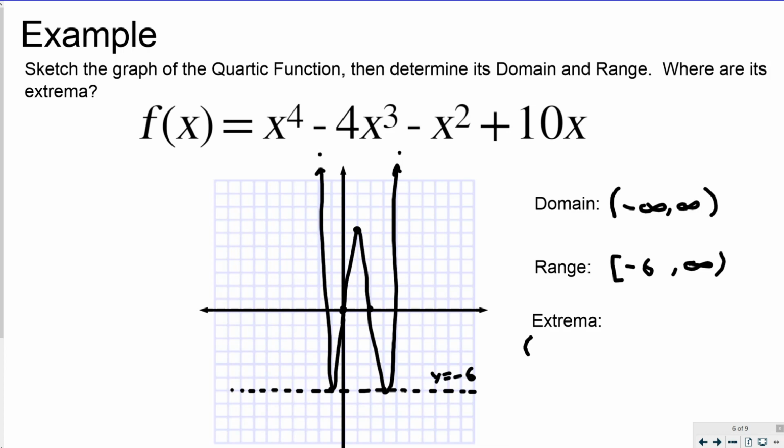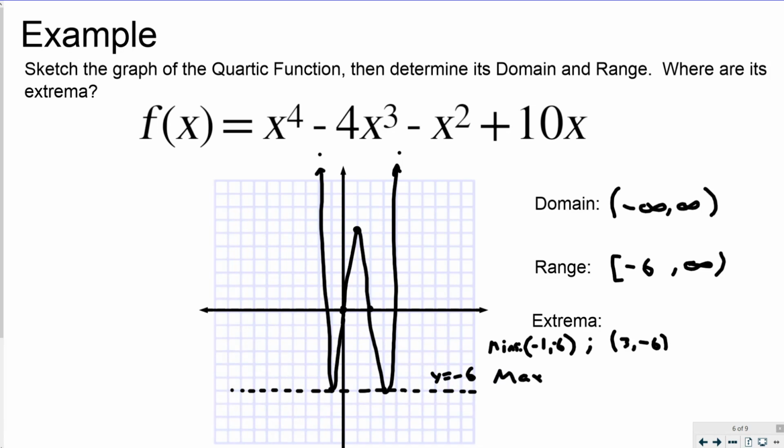I have one at -1, -6. That is a local min. So I'm going to put mins. And then I also have another one at 3, -6. So those are my two minimums.